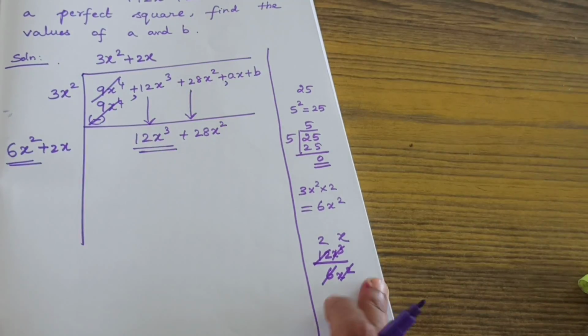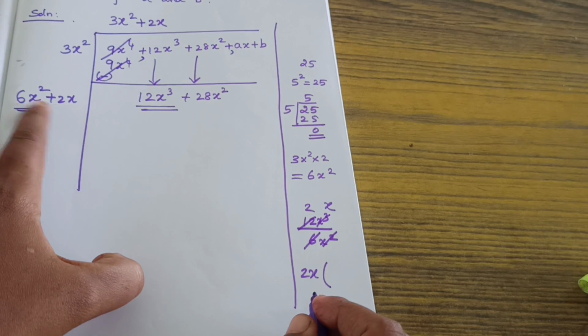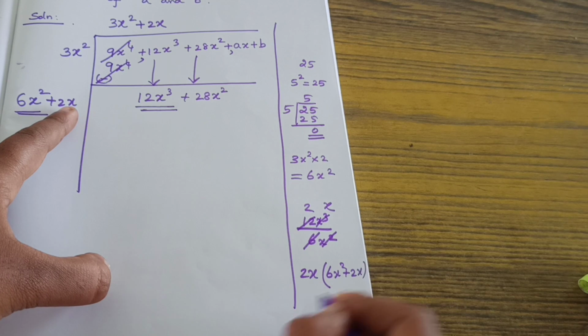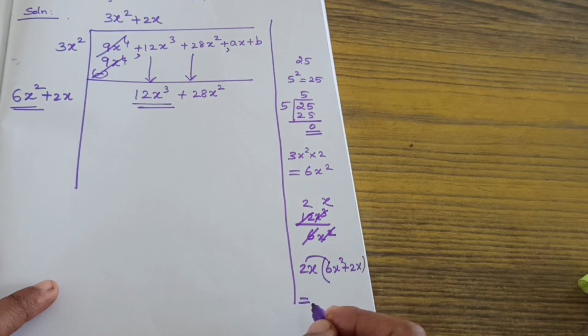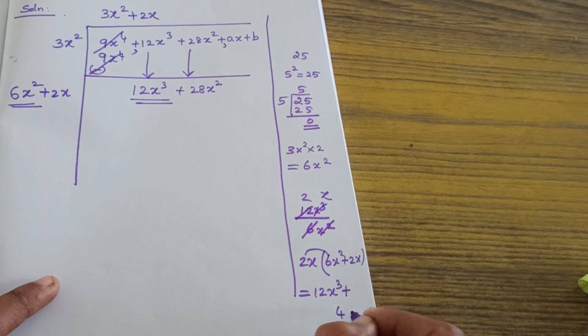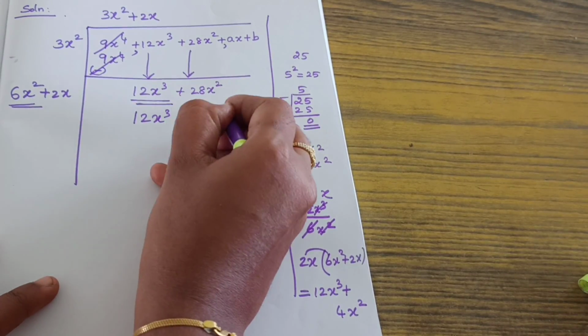So this 2x into this full term. So 6x square plus 2x: 2 6s are 12x cube plus 2 2s are 4x into x square. Now copy this: 12x cube plus 4x square.